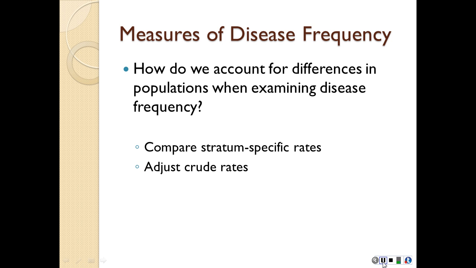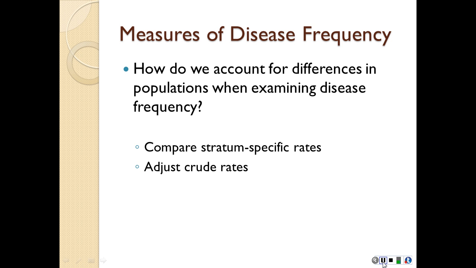So if we're using this class as our population, there's a lot of men in this class that I would hope are not getting PMS. I don't know, you may have some sign of them. But it's not a fair comparison because the women's studies class is probably almost exclusively women. So there's going to be a lot more people in there that are reporting PMS because there's more women. So we have to some way level the playing field so that we're comparing apples to apples. We're not comparing apples to oranges.